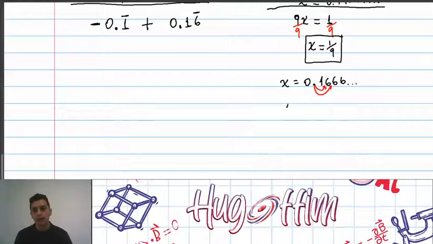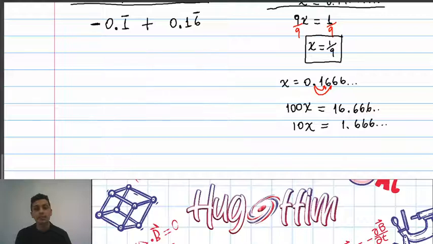So 100x equals 16.666 periodic, and 10x is going to be 1.666 periodic.